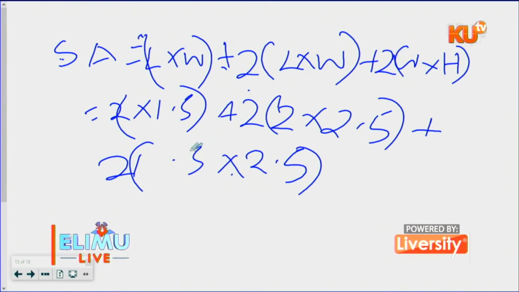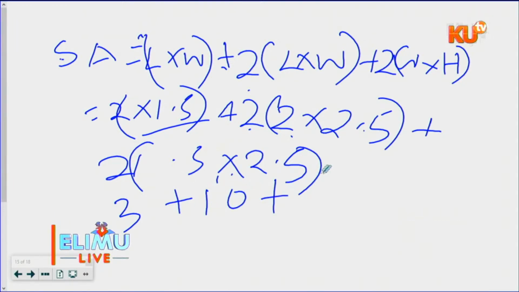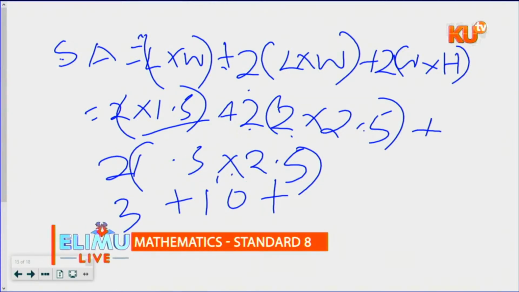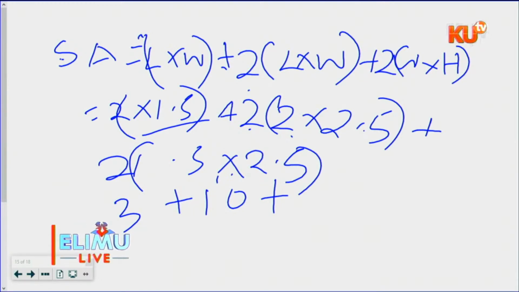We simply multiply. When you multiply 2 times 1.5, you get 3. Plus 2 times 2.5, which is 5, and 5 times 2 is 10. Plus this last one: when you multiply decimal numbers, ignore the decimal points, multiply as if you are multiplying whole numbers, then finally insert the decimal point.